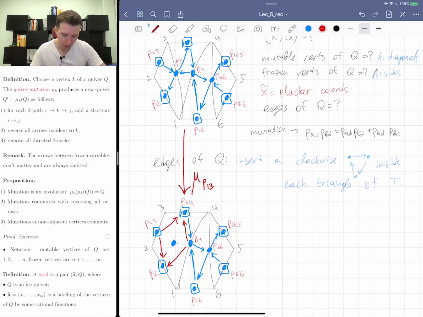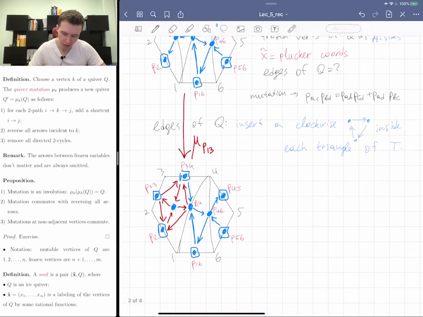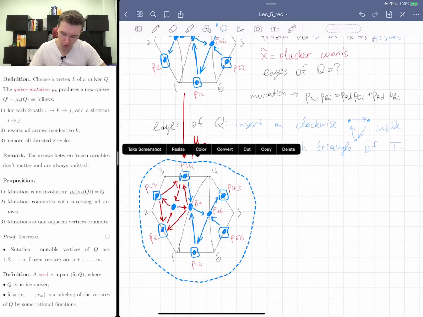And then the other step is I'm going to have to reverse all arrows which are incident to my vertex. Okay, let me do that. I reverse these arrows. And now finally the last step is I'm going to erase these double edges that I have created along the way.